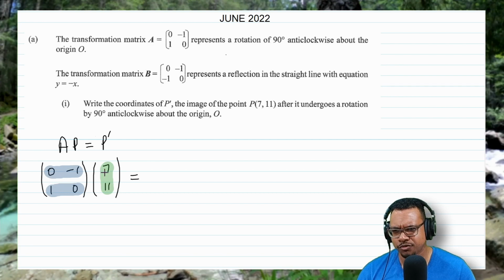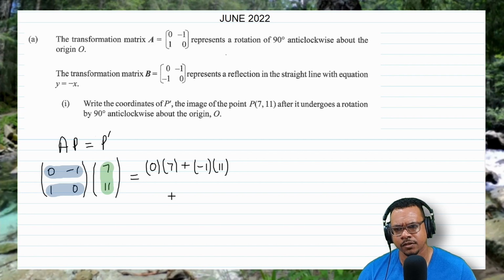So I'm going to have 0 by 7 plus this -1 by 11. Okay, so that's my first row here. Then going down with this second row here, the 1 by the 7 plus the 0 by the 11.